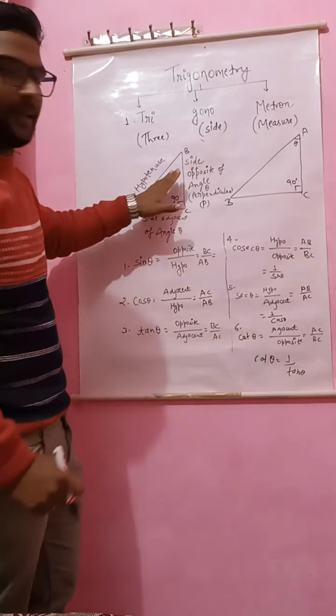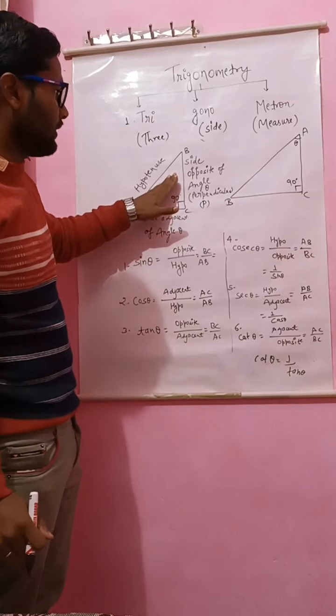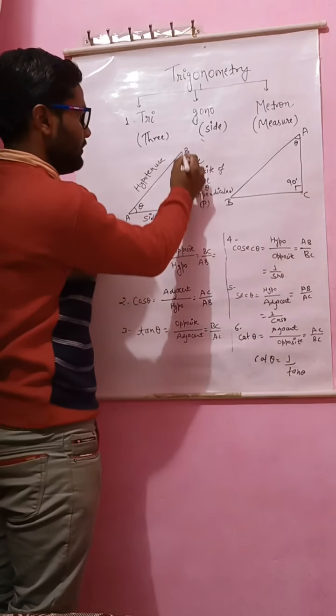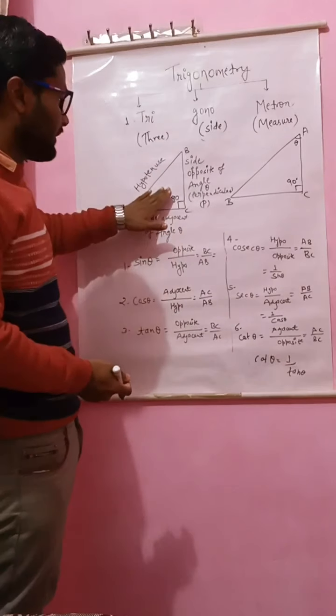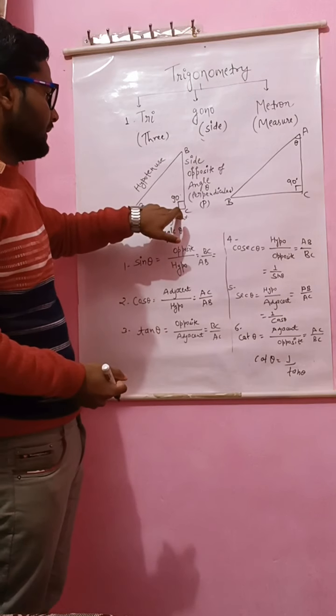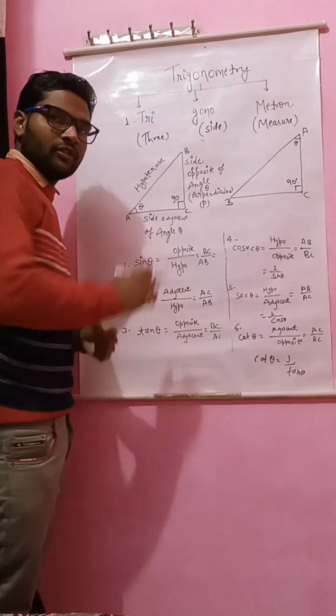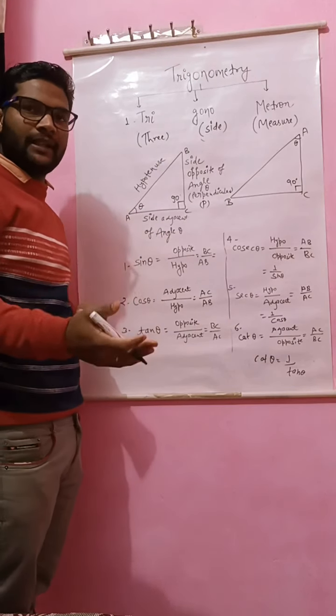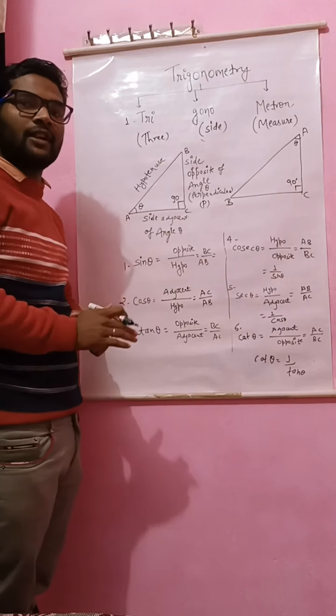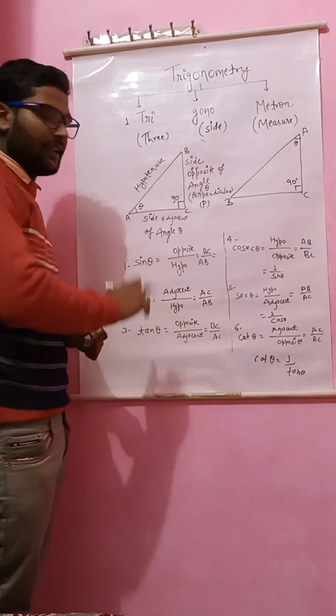So we have written this right triangle ACB. In this triangle, the angle C is 90 degrees, and we have assumed this angle is theta. We can also assume angle theta as beta, phi, gamma, and many other things, but here we assume the angle theta.